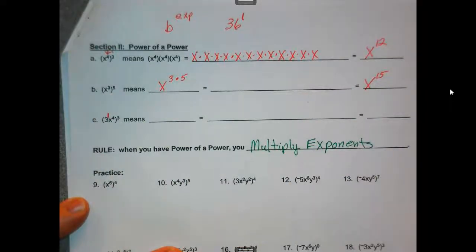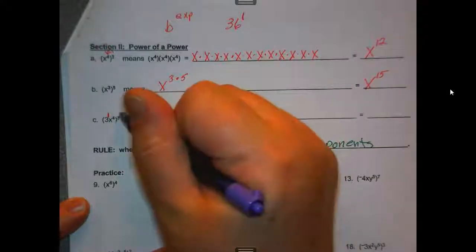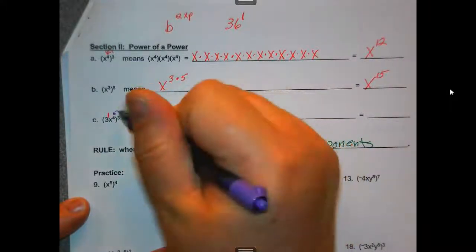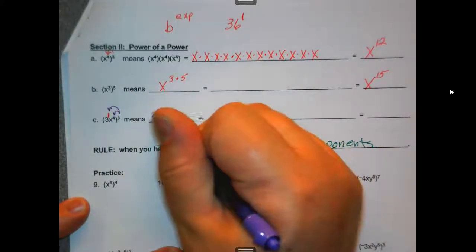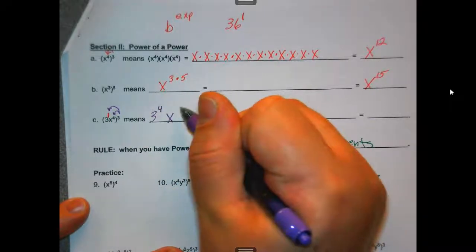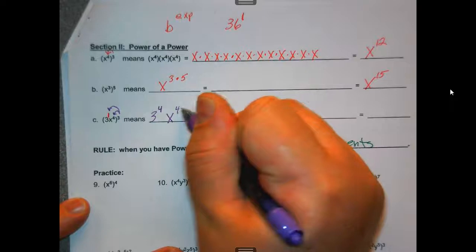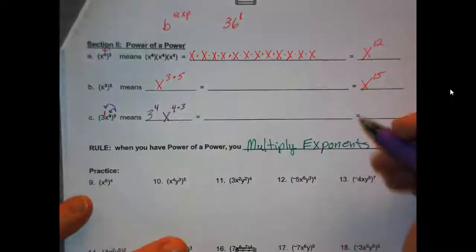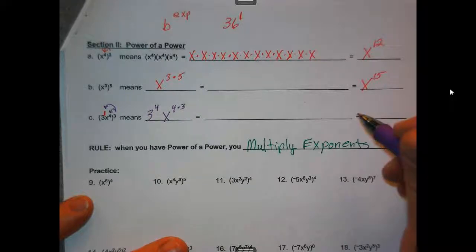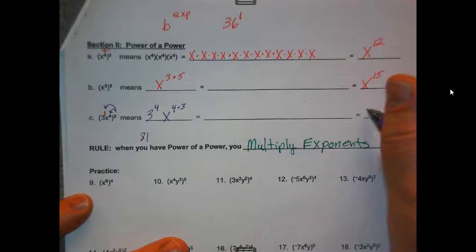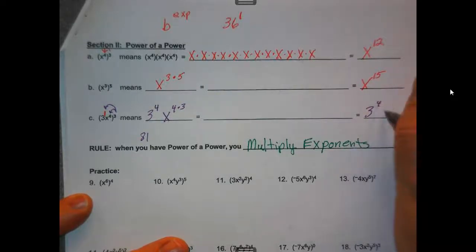What are you going to have to do here? Not only are you going to multiply it by the 4, but you're going to have to multiply it by that 1. So I have 3 to the 4th, x to the 4 times 3. If you want to multiply out 3 to the 4th, go ahead. I think it's 9, 27, 81. You could just leave it as 3 to the 4th x to the 12th.